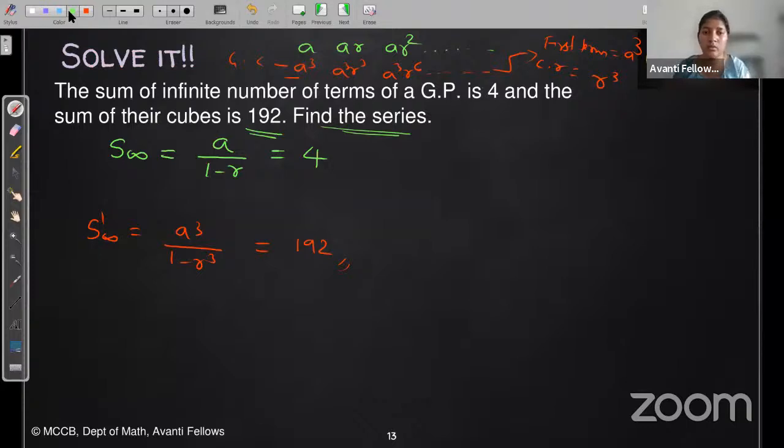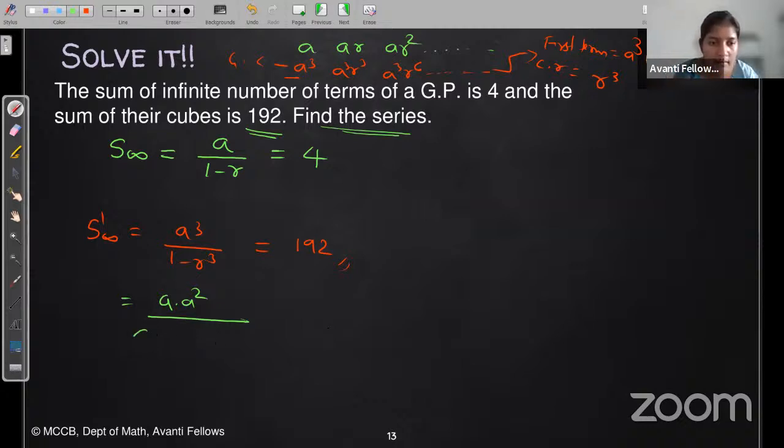Yes, next, what can we do? Tell me. Next, we can write it as a into a squared, whole divided by, this is of the a cube minus b cube form, right? What is the identity of a cube minus b cube? It is a minus b into a squared plus ab plus b squared, right?